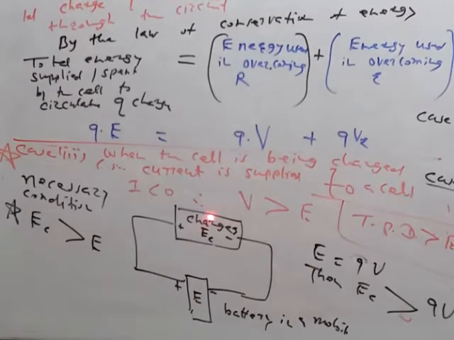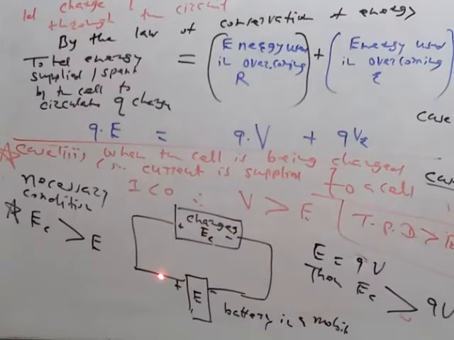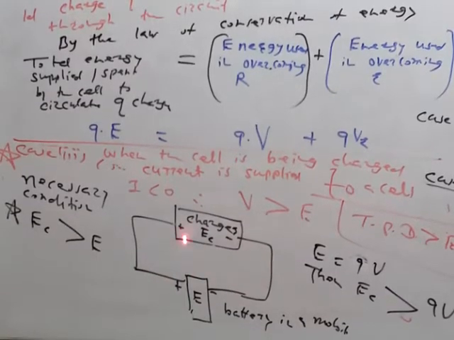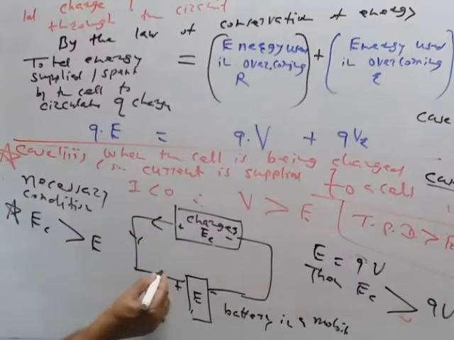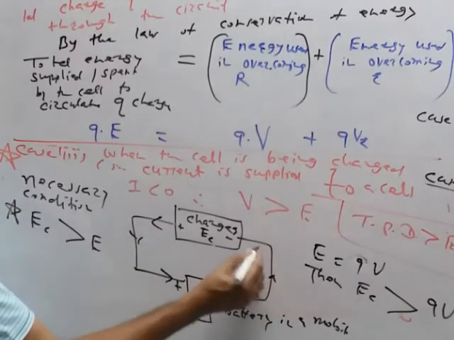This charger circuit will supply the current to the cell only when, let the EMF of the mobile battery be 9 volt, then the EMF of the charger circuit must be greater than 9 volt. So in this case, this EC is greater than E, and therefore the current is supplied by the charger and it is given to the mobile battery like this.